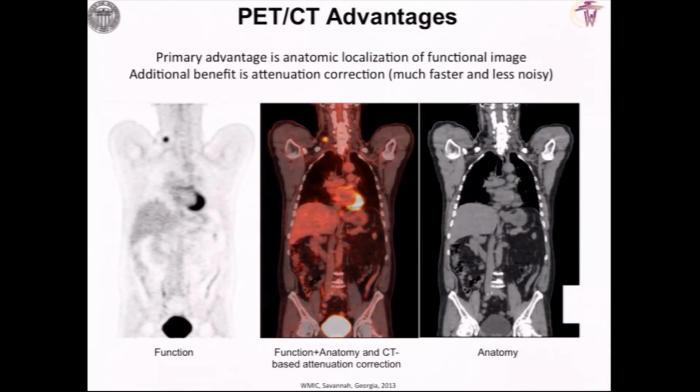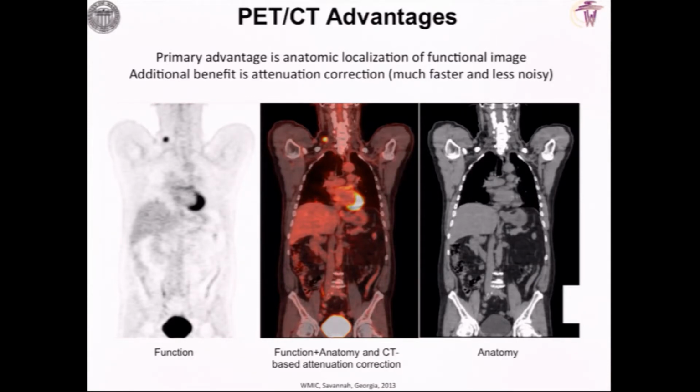A lot of radiologists see the PET scan, or the FDG, as the ultimate contrast agent for oncologic imaging. An additional benefit is that with the CT, you can get your attenuation correction much faster.